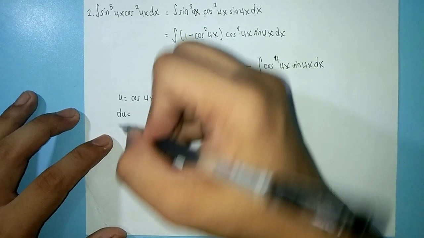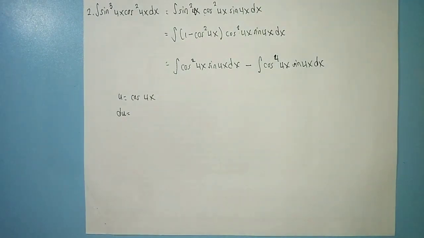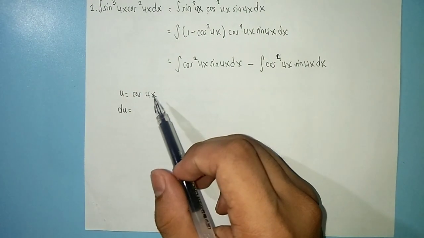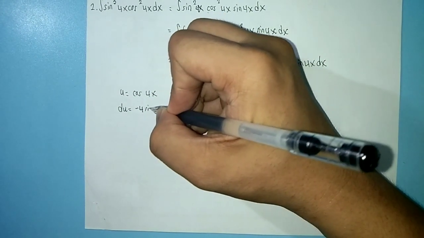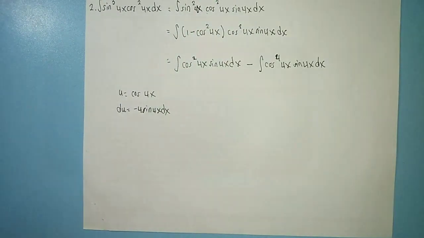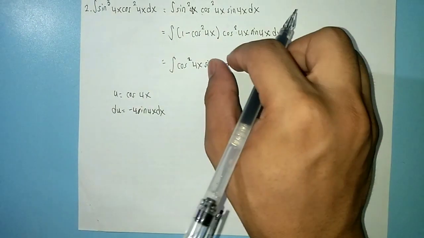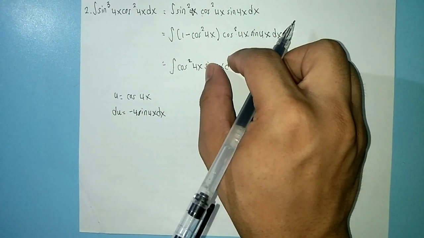So ang magiging du ay derivative ng cosine 4x, that is negative sine 4x, derivative ng 4x, so that is 4. So negative 4 sine 4x dx. But ang meron lang tayo dito ay sine 4x dx, walang negative 4. So kailangan natin maglagay dito ng negative 4.